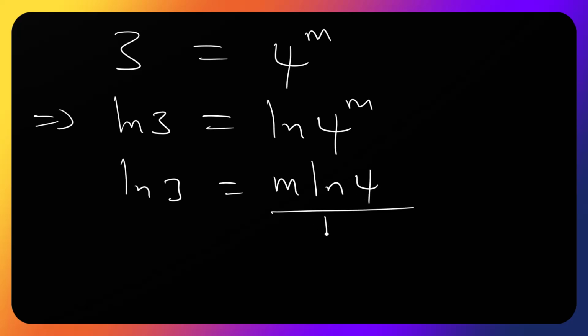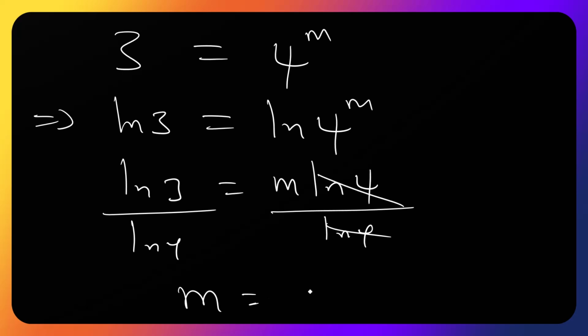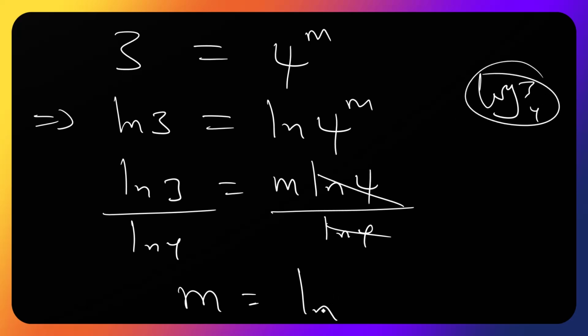So dividing by ln of 4 on both sides, my m will be ln of 3 over ln of 4, and it's the same as log of 3 to base 4. Okay, so that's the answer.